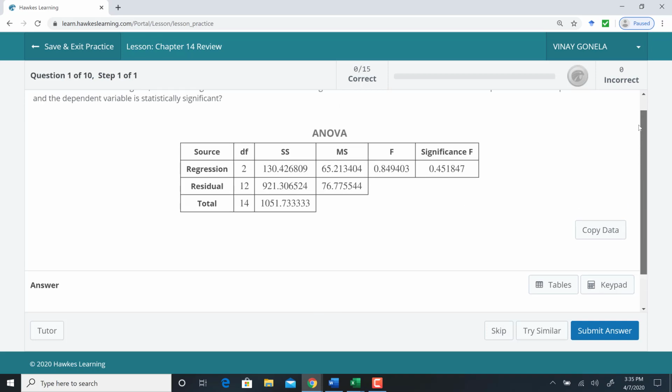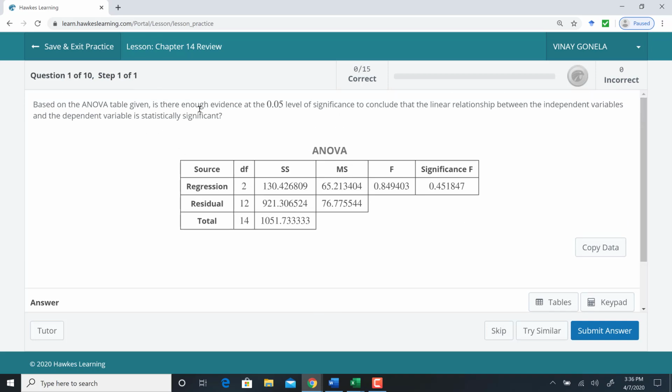Okay, so the question is, based on the ANOVA table, is there enough evidence at 0.05 level of significance to conclude that the linear relationship between the independent and the dependent variable is statistically significant? Now we are saying, is there any relationship that is statistically significant? That means I'm looking at this p-value again, it should be less than alpha to say there is a significant relationship.